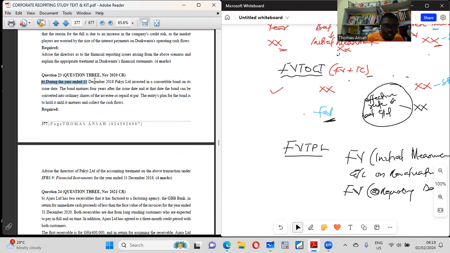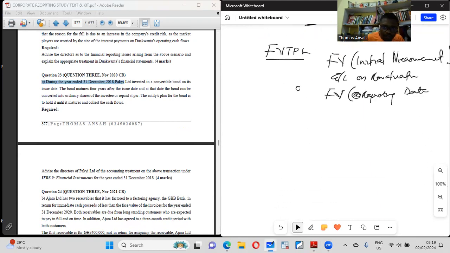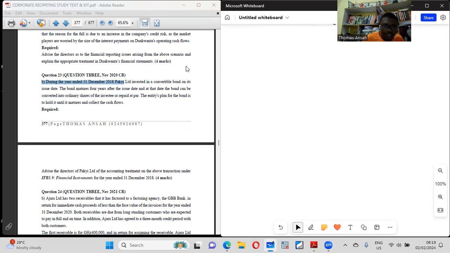It says that during the year ended 2018, Paki invested a convertible bond. So he invested in a convertible bond, which means he has a financial asset he invested in. So he will be having the right to receive, all right, on a convertible bond. On its issue date, the bond matures in 4 years after the issue date and can be converted into ordinary shares.